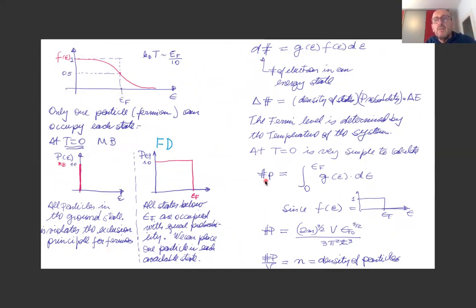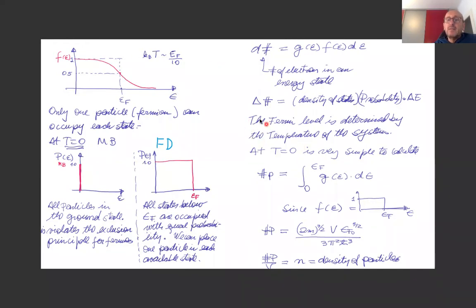So let's calculate this integral just in the case of T equal to 0. At T equal to 0, the distribution function f(E) goes like this. Remember that this zero temperature is not 0 Celsius, this is 0 Kelvin. You should not forget that in all these expressions, when temperature appears, it is always in Kelvin.